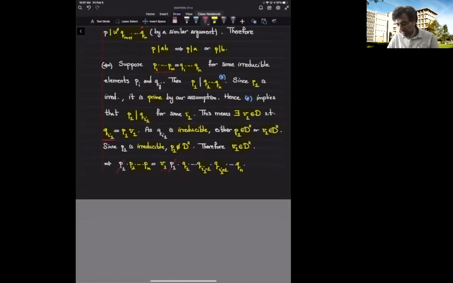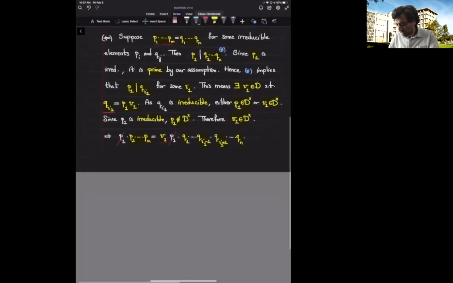So think about this: an irreducible element, or a prime, never divides a unit. Because if something divides a unit, it is a unit. So let me write it here: if A divides a unit, then A is a unit.